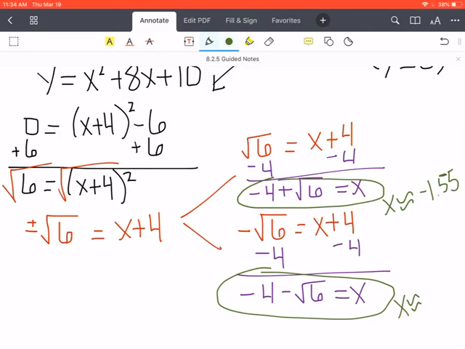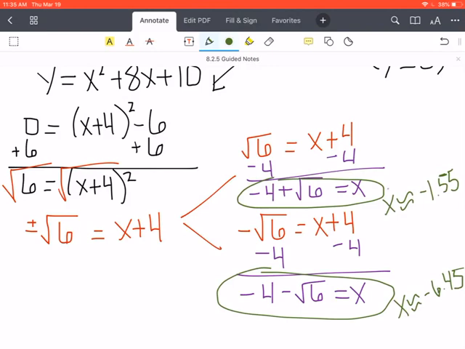And then if we go to our second solution, we're going to type in negative 4 minus the square root of 6. And we are going to get approximately negative 6.44. Sorry, some of you are probably calling me out right now. It should be negative 6.45 because we're going to round that value up for rounding to the nearest hundredth.